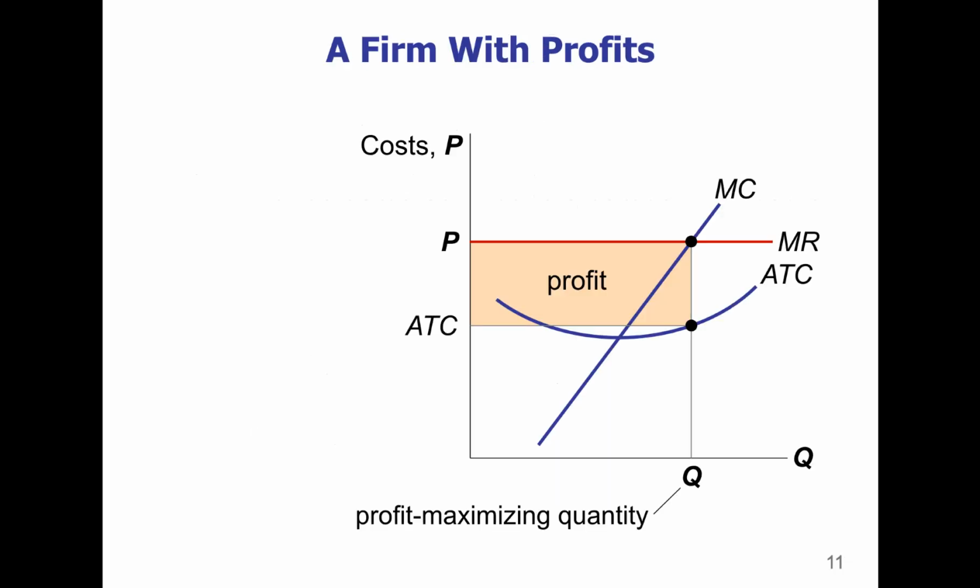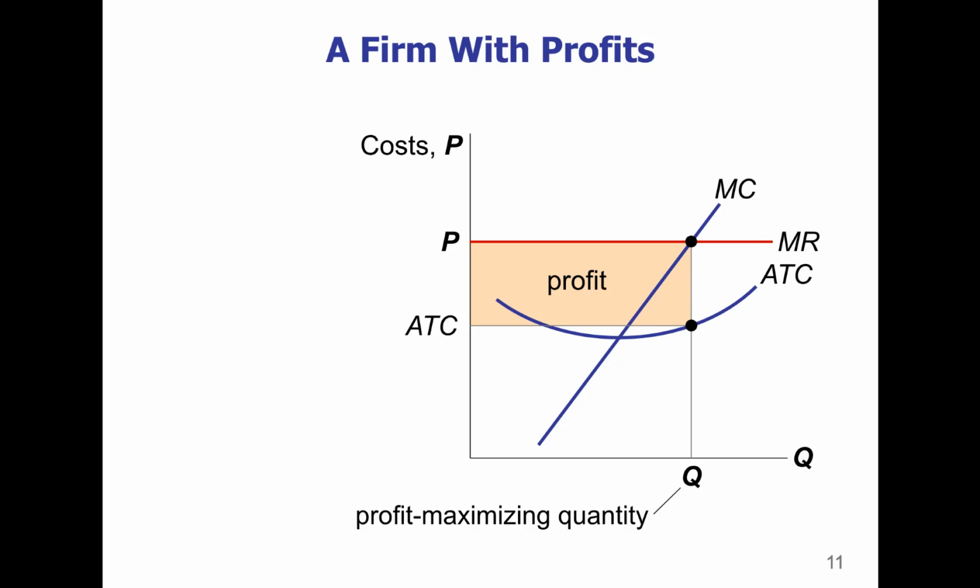Now, here's a graph. This is a graph we haven't seen yet, so it looks a little funny. The vertical axis is still price or cost in this instance, and the horizontal axis is still quantity or how many units you're making. Your marginal cost line is going to be the same thing as your supply line. It's upward sloping, and this reflects the costs it takes to make one more unit.